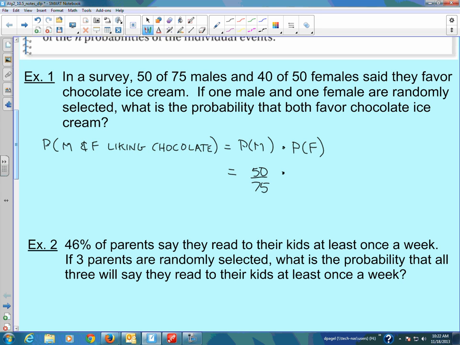Females, out of the 50, there were 40 of them that liked chocolate. And these two can both be reduced, so we can become 2/3 and 4/5, and then get 8/15. So there's my probability that one male and one female randomly selected both like chocolate ice cream.